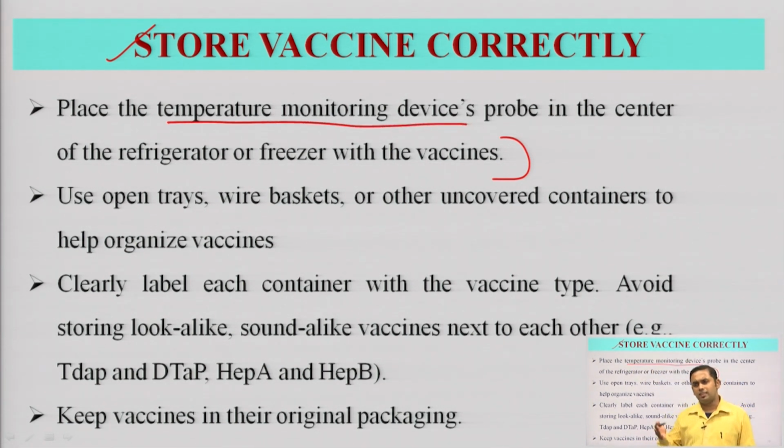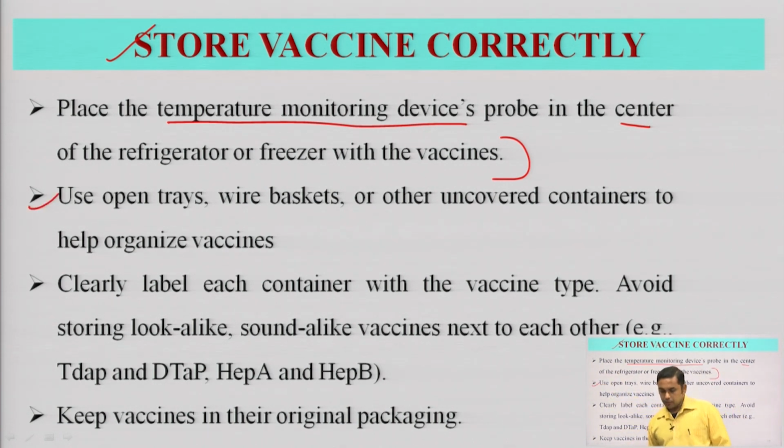There are chances that the refrigerator's own temperature display unit might not be working properly, and you believe that it is working correctly. At the center of the refrigerator the temperature might be different. That is why you have to set up one temperature monitoring device at the center, and you should check the temperature periodically.